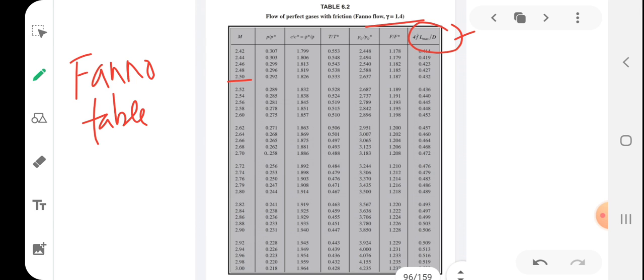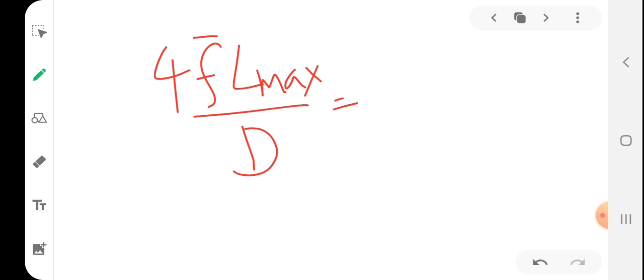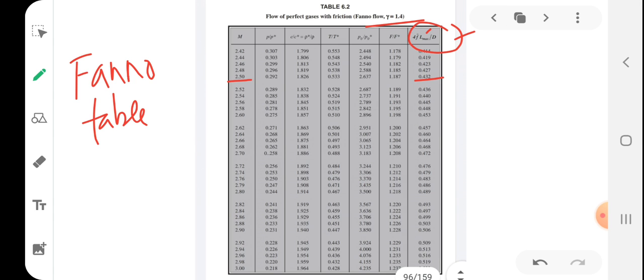Corresponding to Mach equal to 2.5, the value is around 0.432, right? Around 0.432.